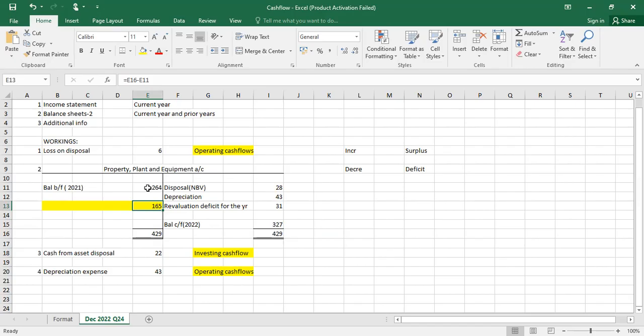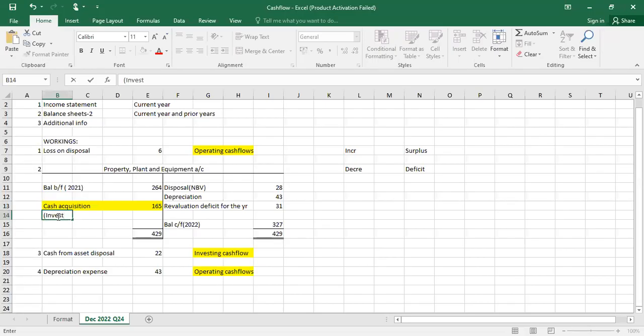In respect of the statement of cash flow, unless you are told otherwise, this 165 will be a cash acquisition. So that is there for the PPE that we acquired in what? In cash. And most important, assets which are acquired in cash, or cash acquisition of assets, will be classified under the investing.